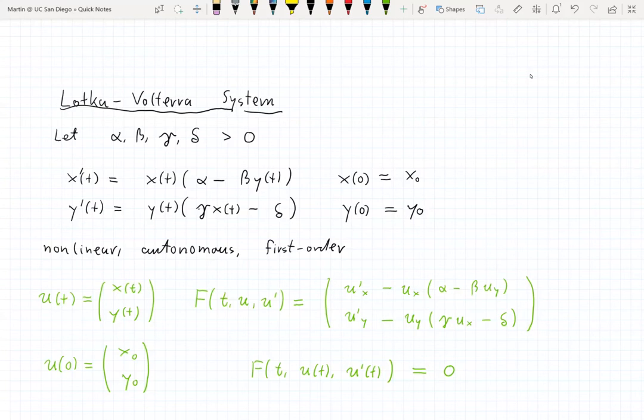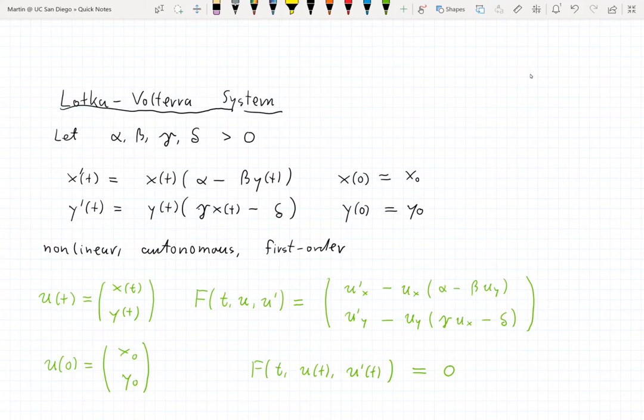This is a first order system of ordinary differential equations. It is also in the formulation of a Cauchy problem. We see that this is a nonlinear problem, and we also see that it is autonomous.